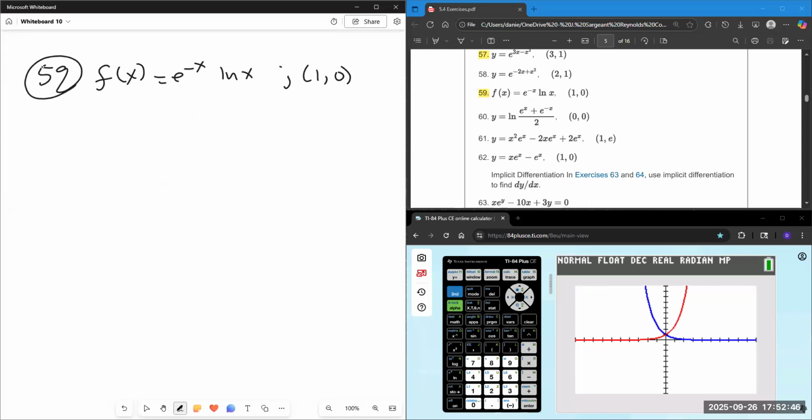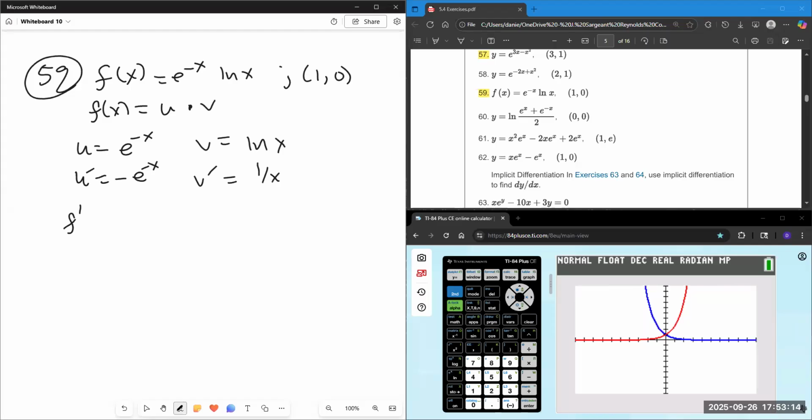So f of x is equal to u times v, where u is e to the negative x and v is ln of x. u prime is negative e to the negative x. v prime is the derivative, 1 over x. I was thinking ahead.